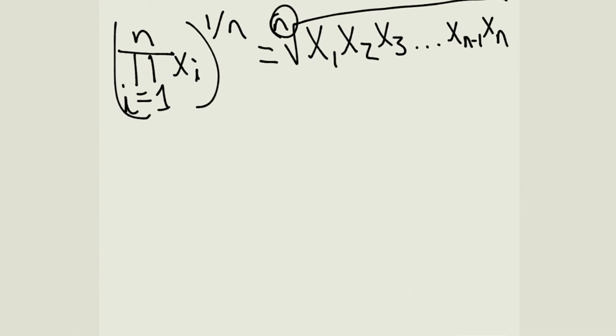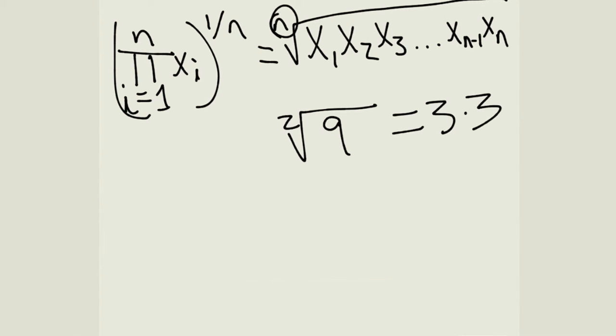This just represents how many times you need to multiply a number by itself to get that. So, for example, you can also write the second root just by itself.